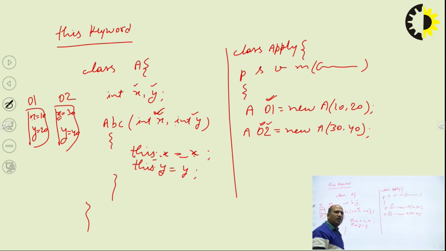Similarly, whenever we are required to refer to the current instance, the current object, at that time we will use the this keyword.